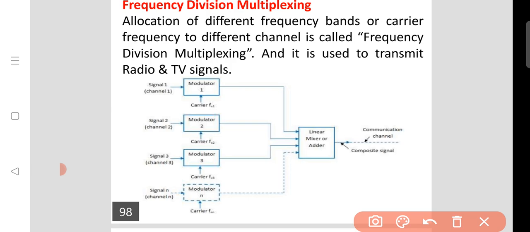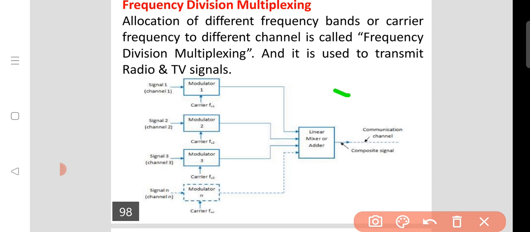We observe in daily life that so many channels are received in parallel in our TV setup system. In that system we use a technique called frequency division multiplexing.